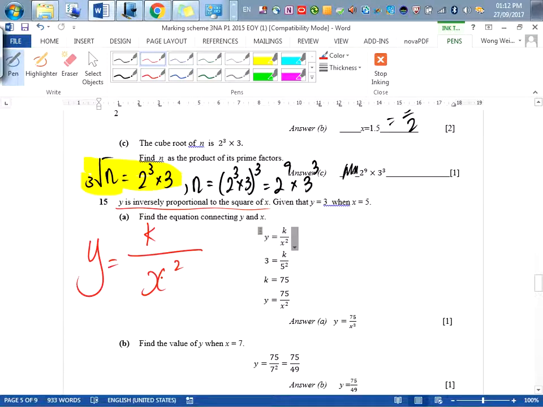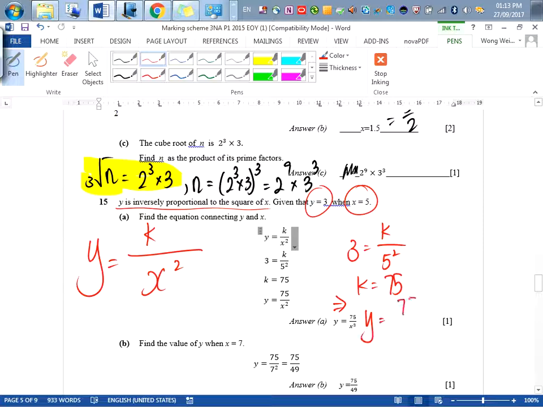Okay, so find the equation connecting y and x, meaning I want to find the value of k. So what information do I have? Y equals to 3, when x equals to 5. Substitute lah. So I will end up with 3 equals to k over 5 squared. K equals to 75. Right? So substitute back.